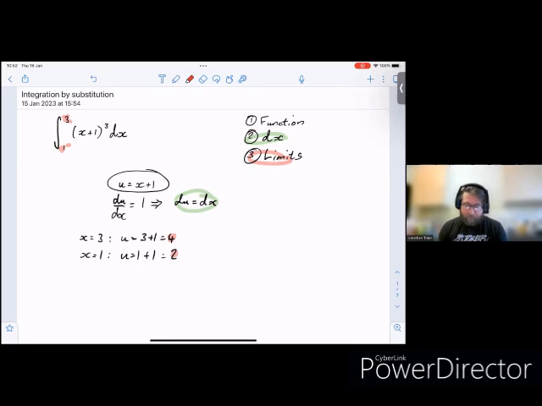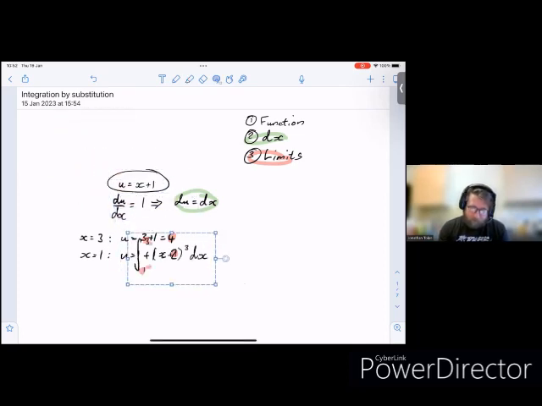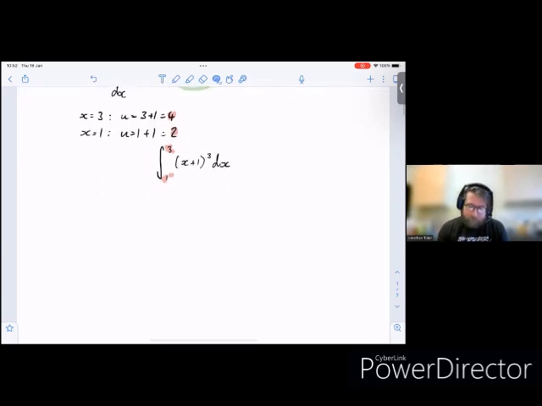Okay? So now that we've done all that, I'm going to need to scroll down. So I'm just going to grab this and drag it down here. So now that we've done all that, we can rewrite this whole thing out, but with everything substituted. So we are integrating.